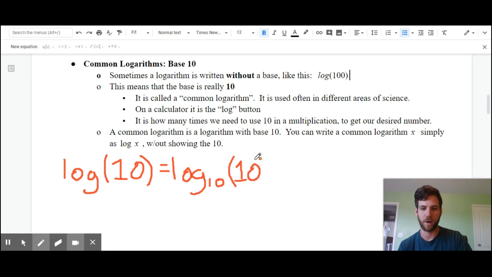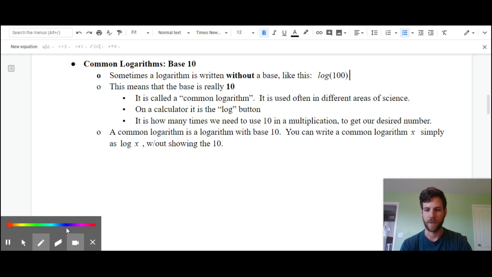When we're evaluating logarithms, we just want to think about how many times 10 would multiply by itself to reach 10, its input. So we only need 1. We know 10 to the first power is equal to 10, so the log of 10 is going to be equal to 1.